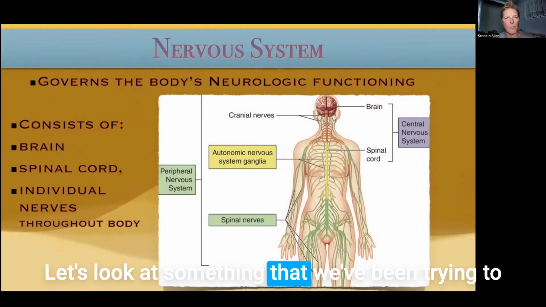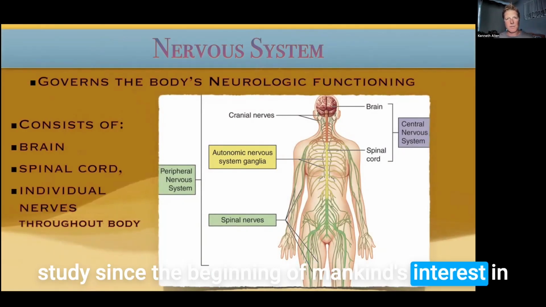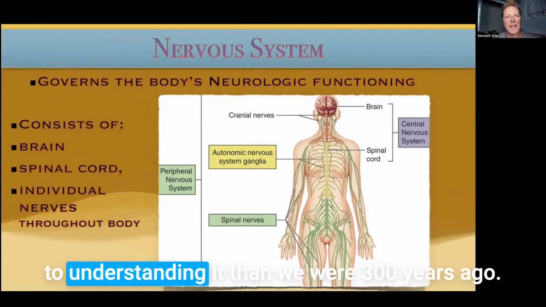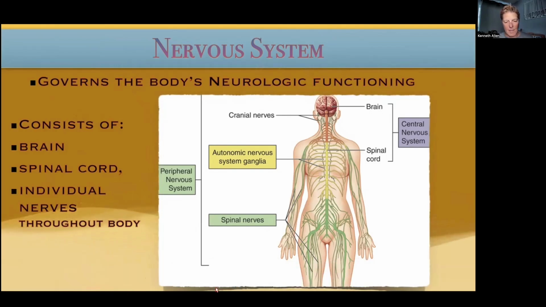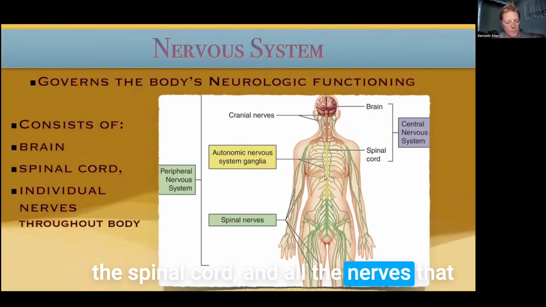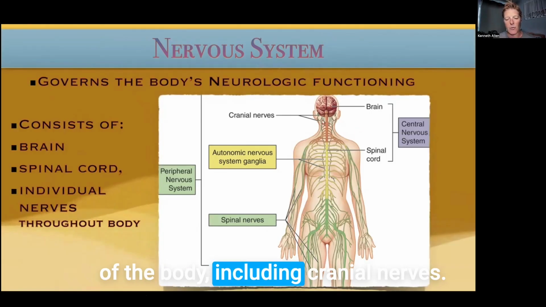Let's look at something that we've been trying to study since the beginning of mankind's interest in medicine. And we're pretty much not much closer to understanding it than we were 300 years ago. The nervous system. It consists anatomically of the brain, the spinal cord, and all the nerves that innervate and run from those areas to the rest of the body, including cranial nerves.